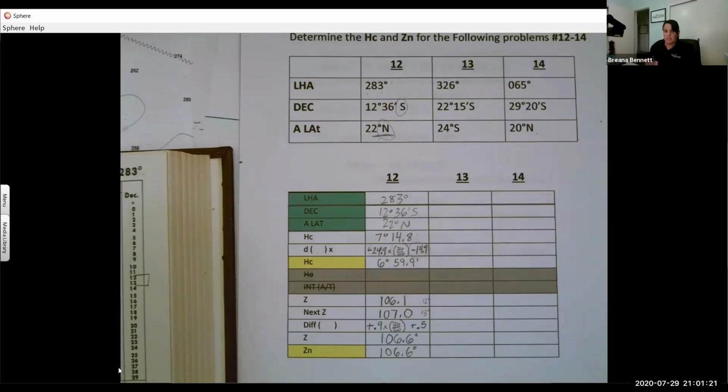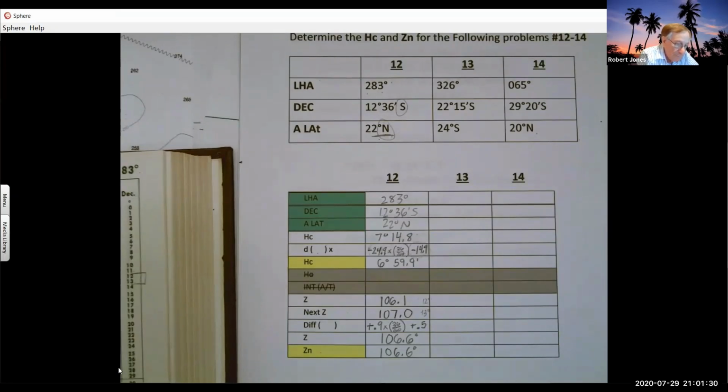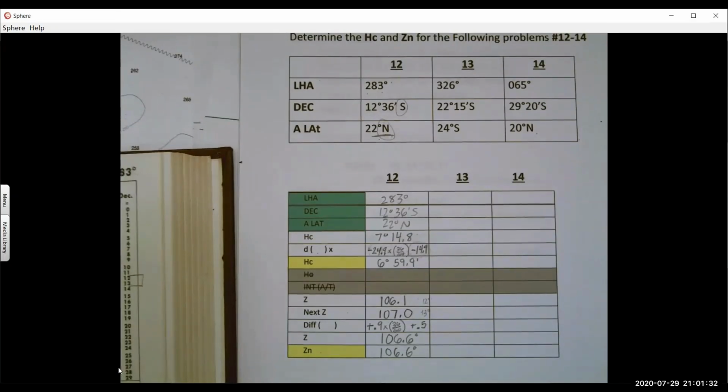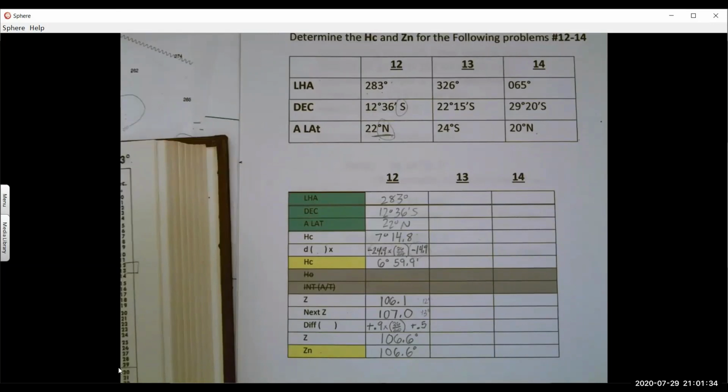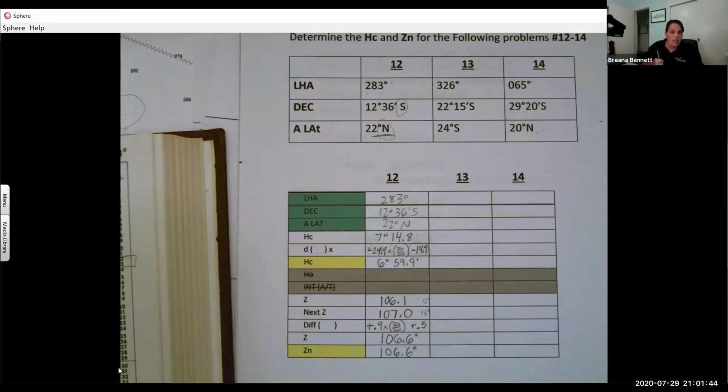How are we doing? Bree, do you really need to do Z or Zn to the decimal degrees? No. You could round it.